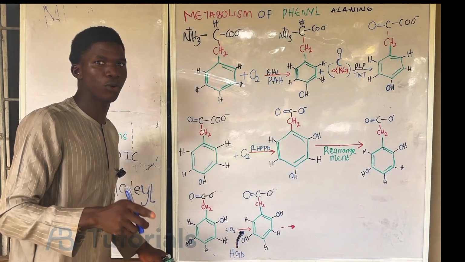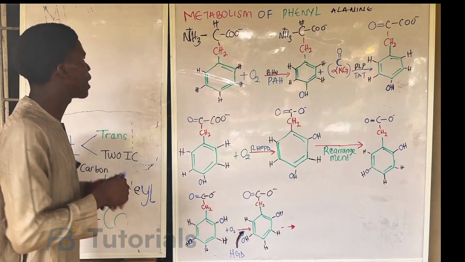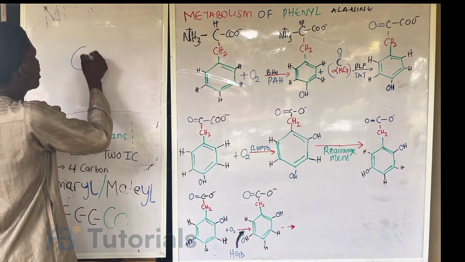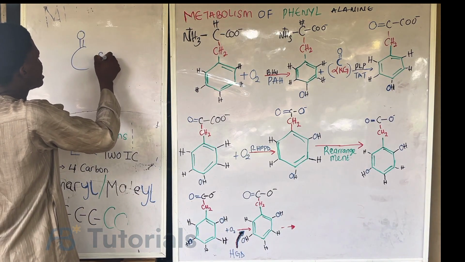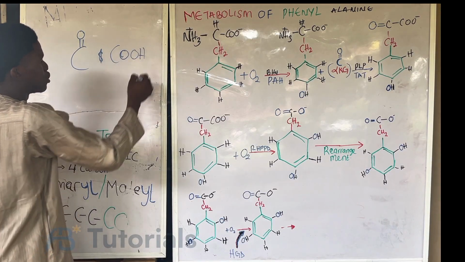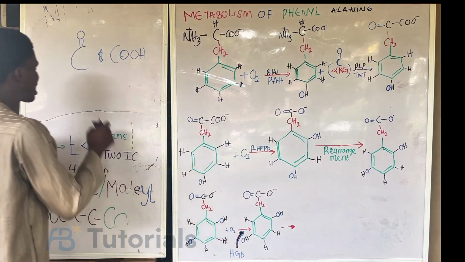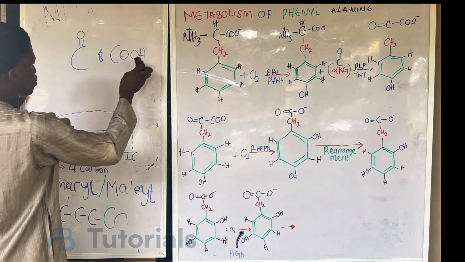So don't forget that pyruvic acid is the simplest compound that has the carbonyl carbon and a carboxylic carbon. The simplest compound that has this and this together.